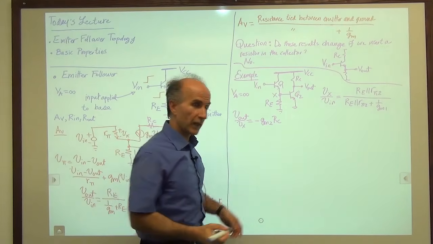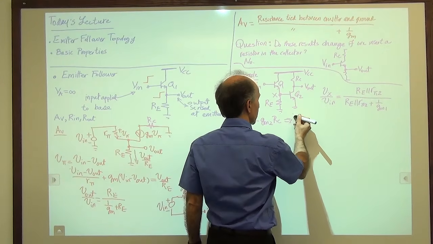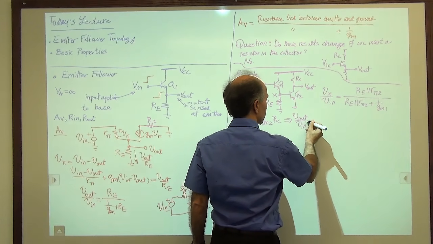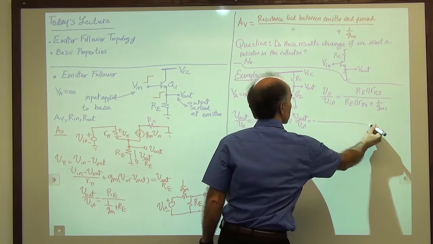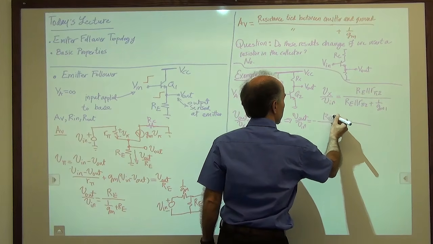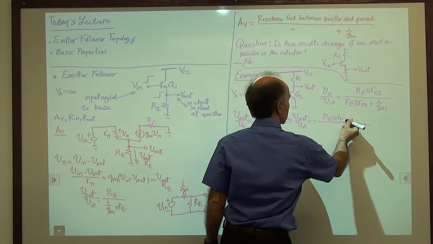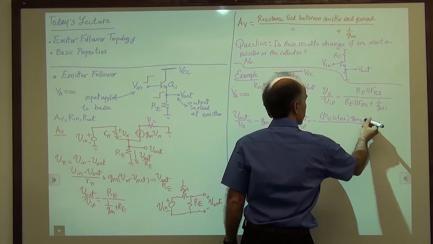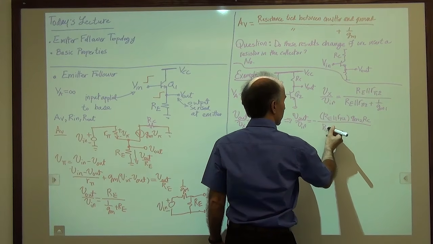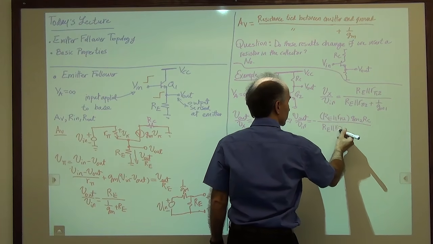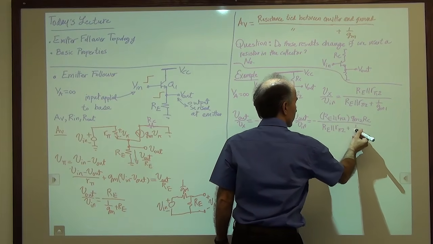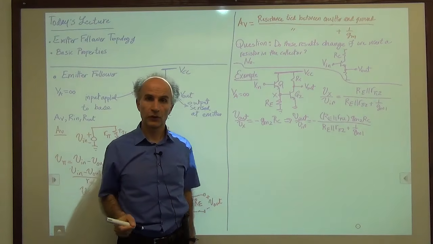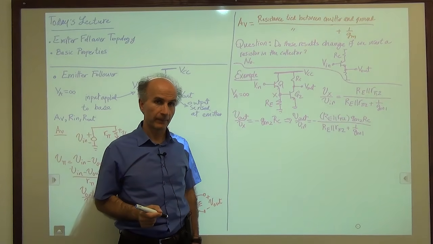That means that the total voltage gain, V out over V in, is the product of these two, right? So we have minus RE in parallel with r pi 2 multiplied by gm2 times RC, divided by RE in parallel with r pi 2 plus 1 over gm1. So that is the voltage gain of the cascade.